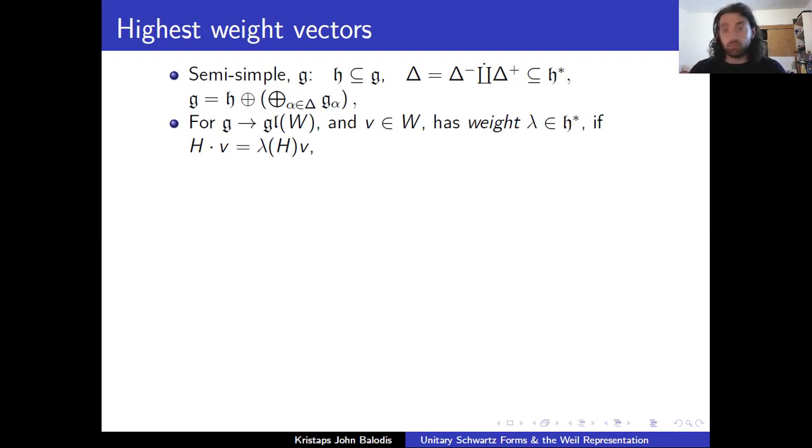First, we better define weight if we want to talk about highest weight. Say we've got a representation of our Lie algebra acting on some vector space W, and we have some vector in that vector space W. Then we say it has weight lambda, where lambda is a functional, if the action of any H sitting in the Cartan subalgebra on this vector v simply has the effect of multiplying it by the number that you get when you feed H into lambda.